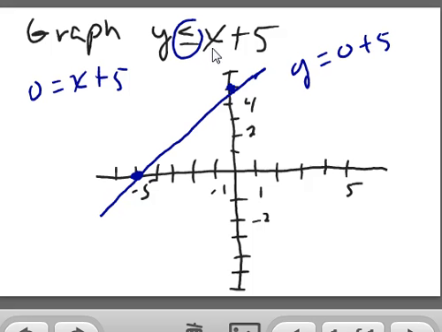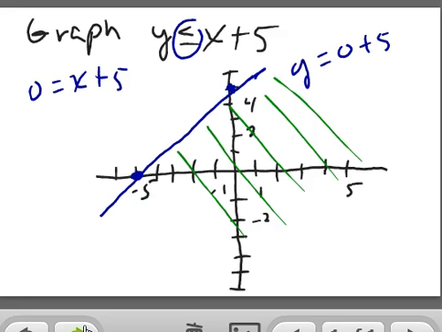So y is less than or equal to x plus 5. So since it's less than, we shade the area that is under the line. So here, under our line, will get shaded accordingly.